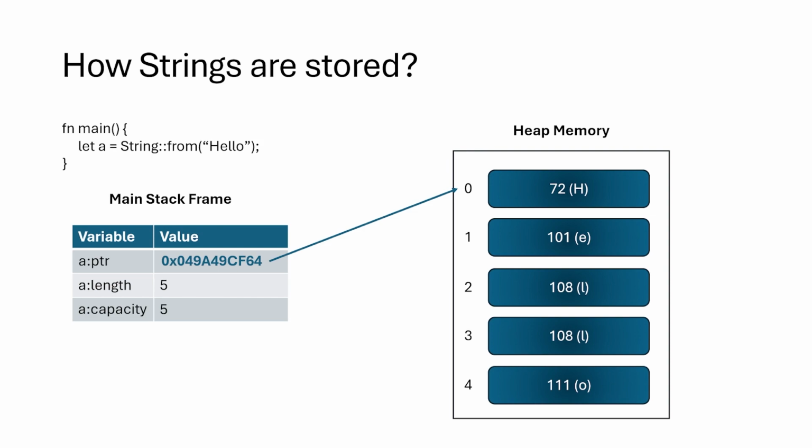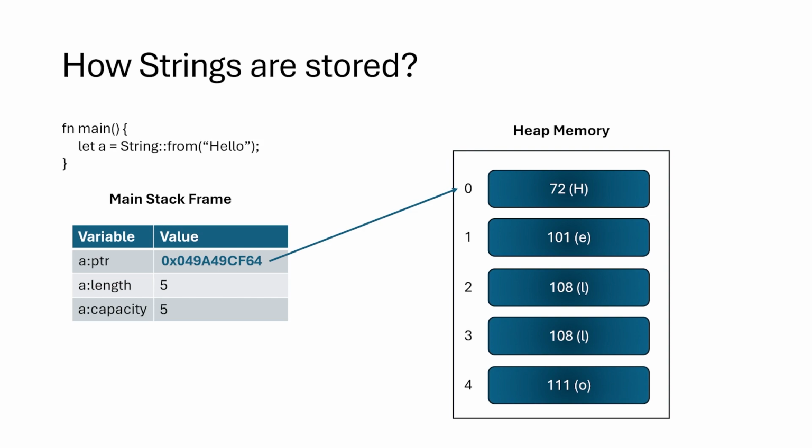So 72 for a capital H, 101 for a lowercase e, 108 for a lowercase l, and 111 for a lowercase o, right? And basically, as a result of that, to store the string hello, we have to use 5 different byte elements, right? So there's 5 overall items that make up the word hello, okay?